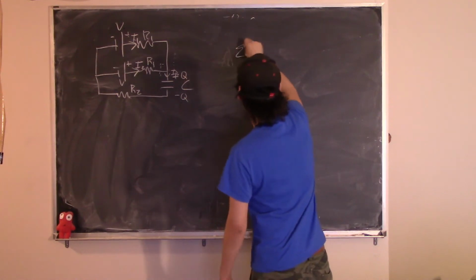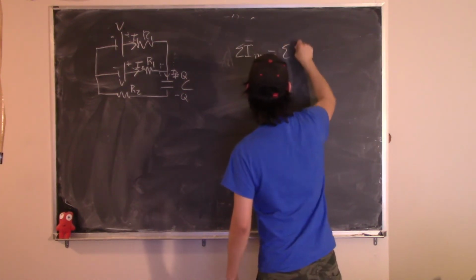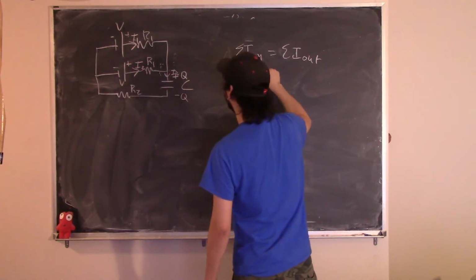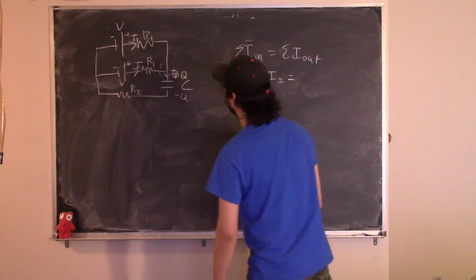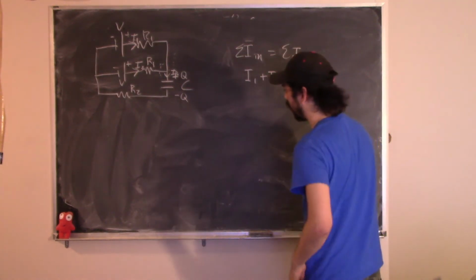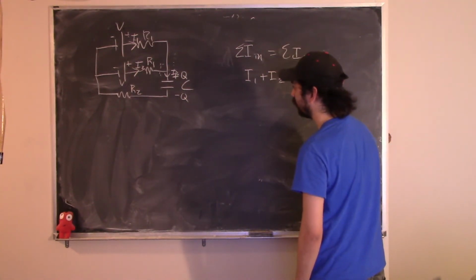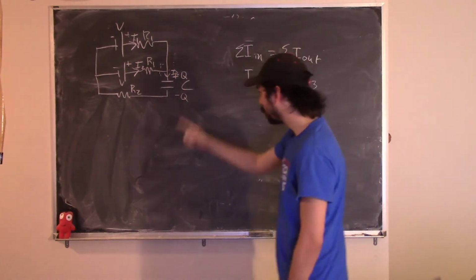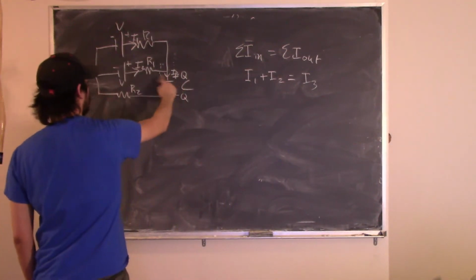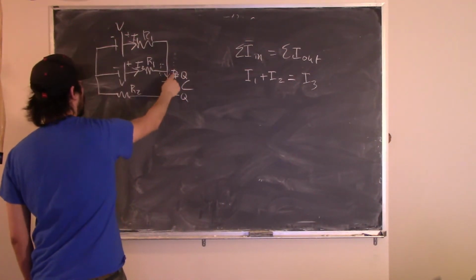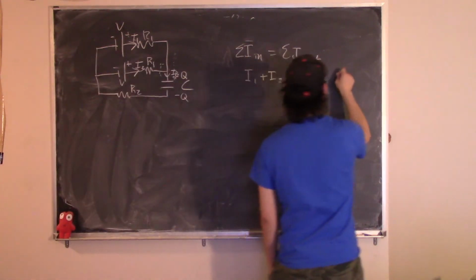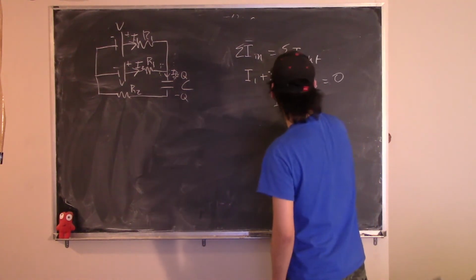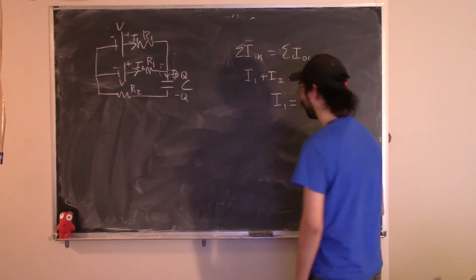This says sum I in is equal to sum I out, so I1 plus I2 is going to be equal to I3. But because there's a capacitor down here, if it is fully charged, I3 is actually 0. So I3 is 0, which says that I1 is equal to minus I2. Okay?